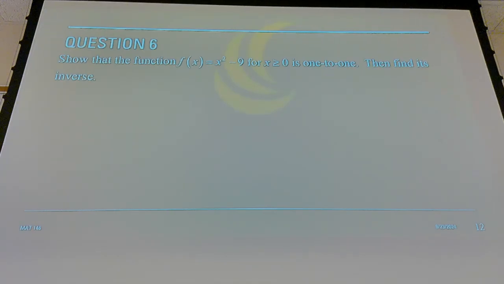So show that x squared minus 9 for x greater than or equal to 0 is 1 to 1. Then find its inverse. So that is the claim.